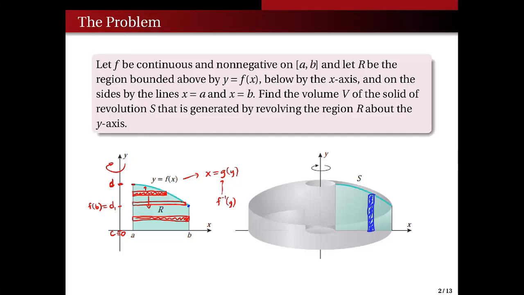So again, to avoid this too much work here, let us consider vertical strips, strips that are parallel to the axis of revolution. And of course, this vertical strip, you will move from left to right.